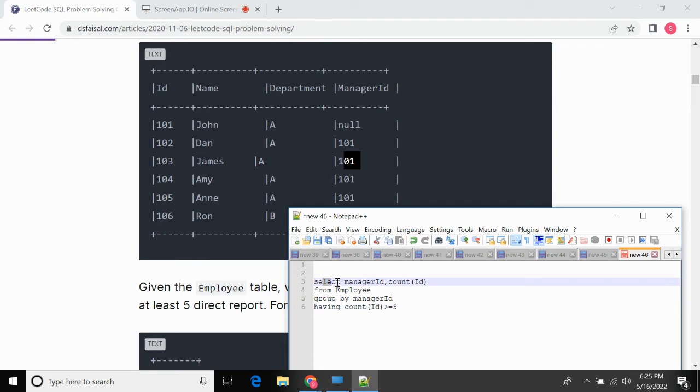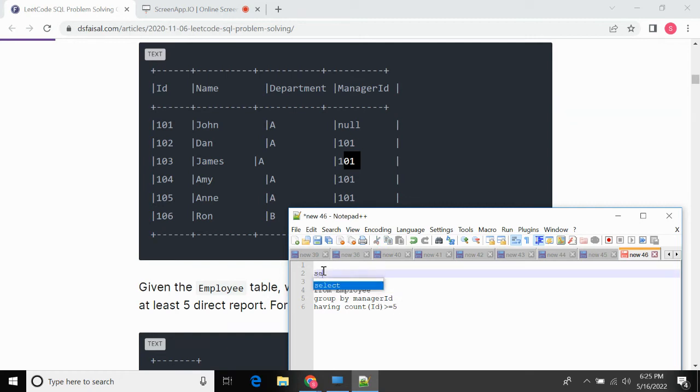So if you run this particular query, you will get the manager ID of those who have at least five direct reports. But now you have to find out the employee name of that particular ID, right? So here you have got the manager ID.